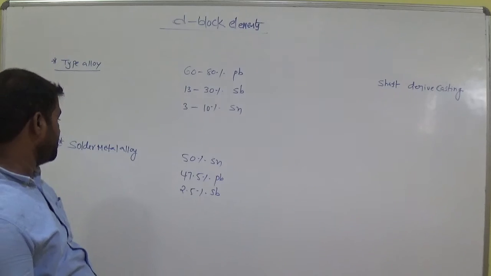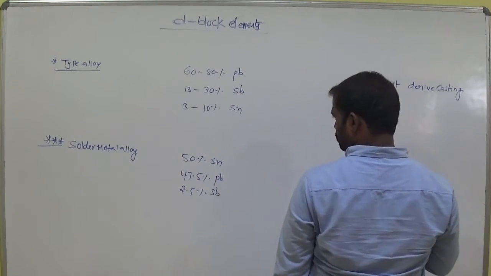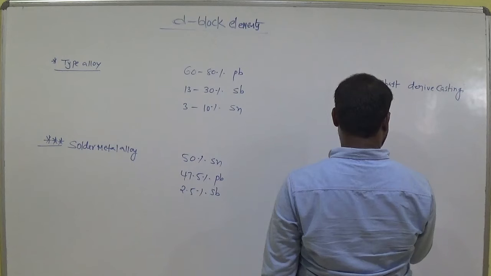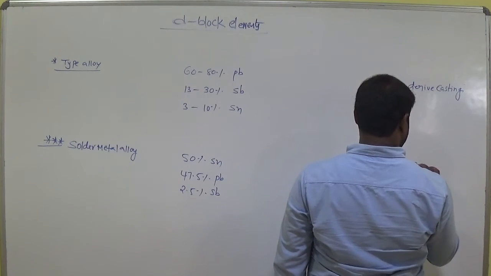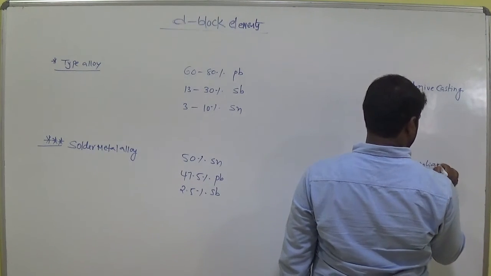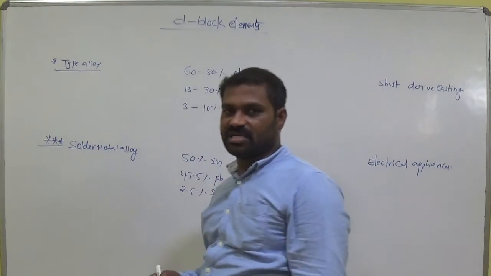Sb means stibium. Solder metals can be used for electrical appliances, that means electrical devices which we use in our homes.